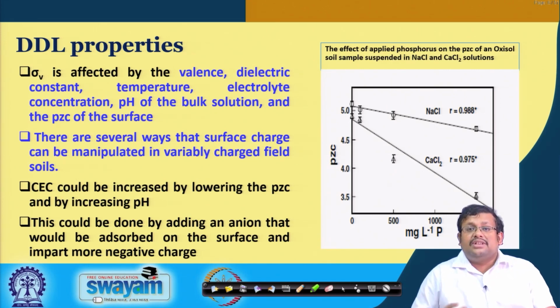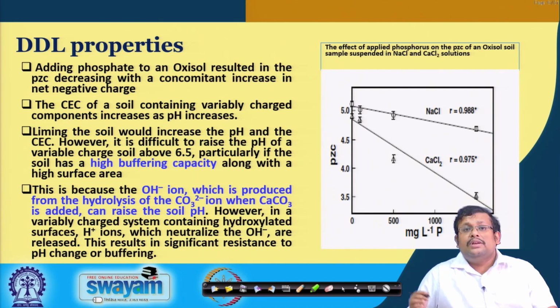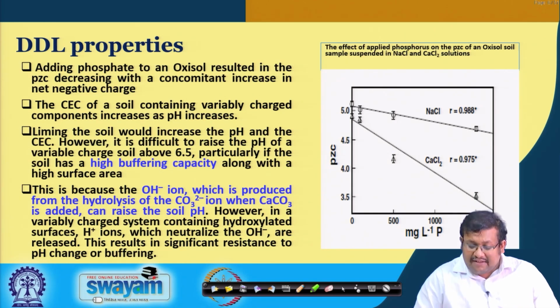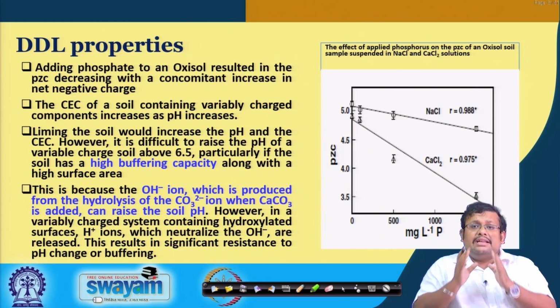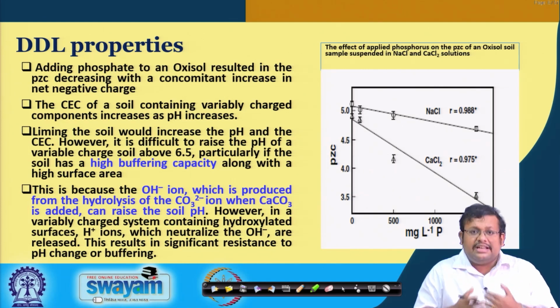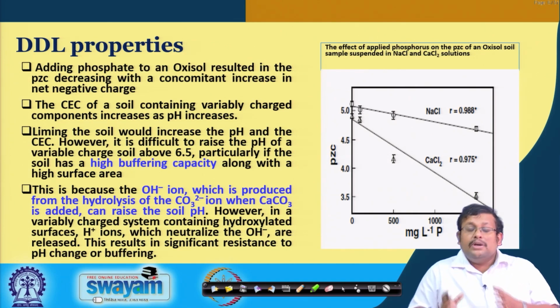So this is how we can manipulate the surface charge in a variable charge surface. Now, adding phosphate to an oxisol results in the PZC decreasing with a concomitant increase in net negative charge. Here one example is given: when we increase the phosphate concentration in an oxisol. Oxisol is basically composed of kaolinite as well as iron and aluminum oxide, which has a huge amount of variable charge.